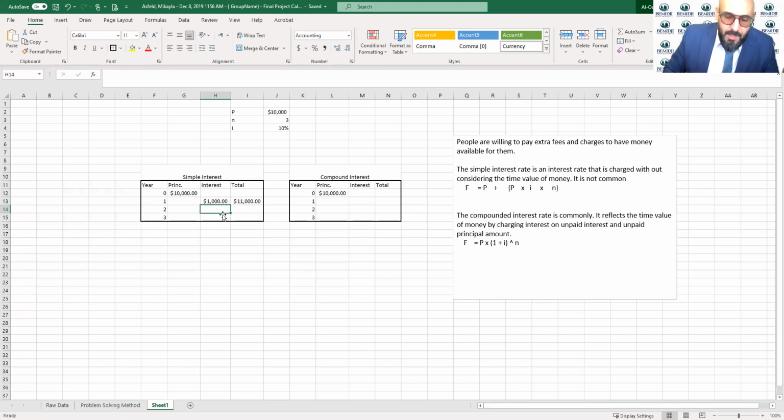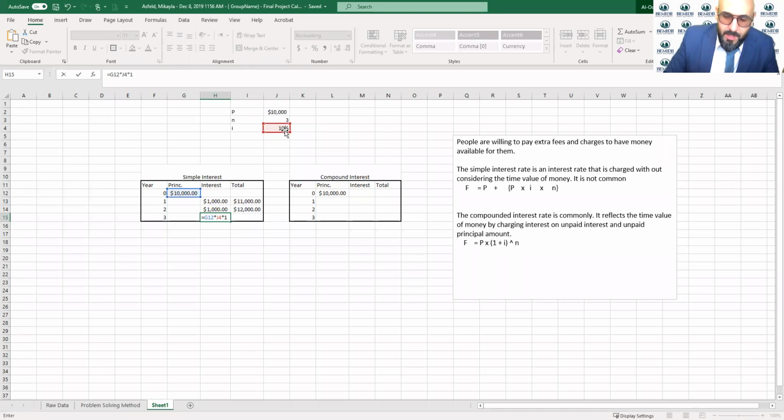Now for the second year, we're going to use the same principal amount, the $10,000. So that would be 10,000 times, again, the 10% times 1 year. So that would be 1,000. So the total would be 11,000 plus the new 1,000 interest. And for year 3, it would be 10,000 times I, 10%.